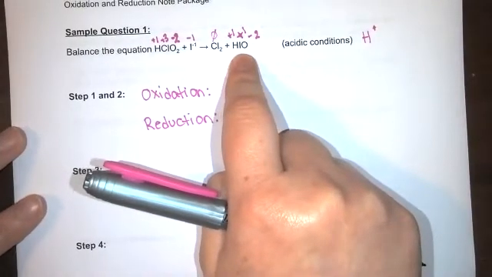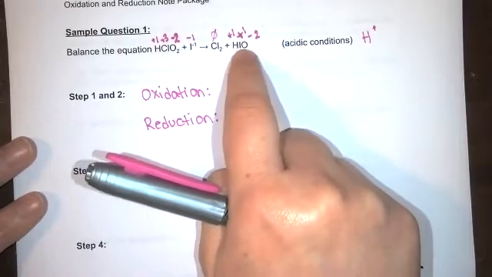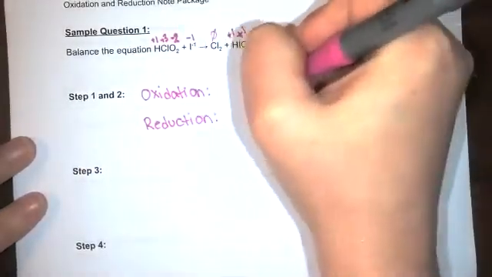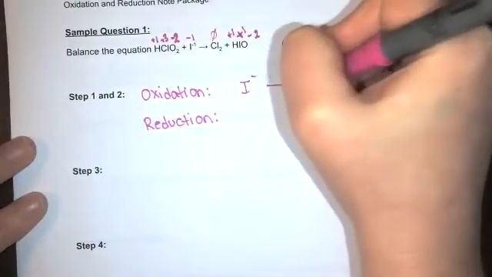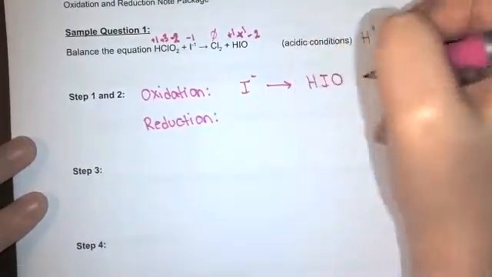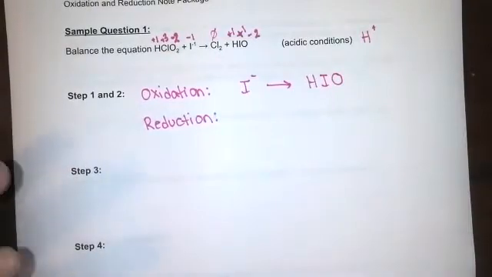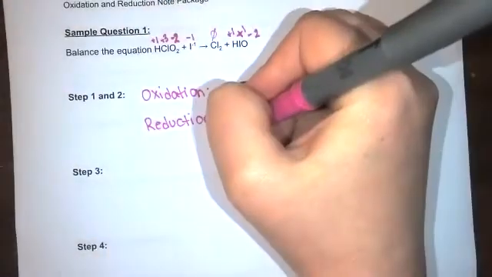But notice how I'm not going to just write out my iodine here. I'm going to keep it as the compound. So my iodine was oxidized in this complex here. And reduction, well, which substance here decreased in oxidation number? That would be my chlorine. But I'm going to keep the entire substance together.